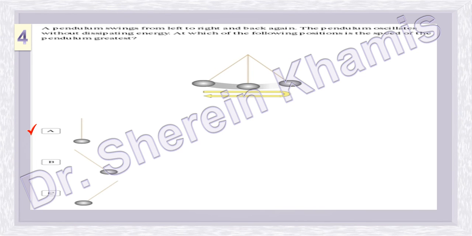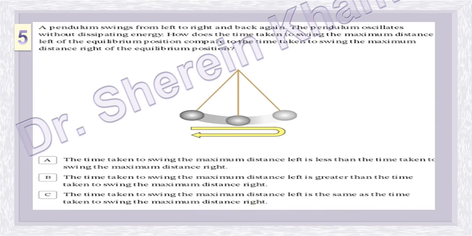Okay, let's go into question 5. Question number 5 says a pendulum swings from left to right and back again. The pendulum oscillates without dissipating energy. How does the time taken to swing the maximum distance left of the pendulum position compare to the time taken to swing the maximum distance right to the equilibrium position?